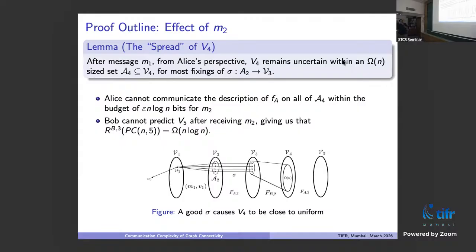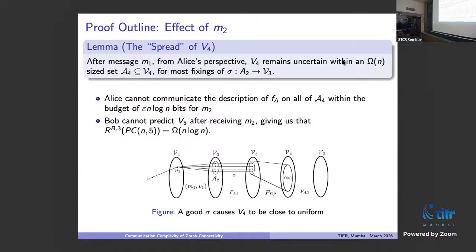Now, what is the difficulty in showing this? There are some subtleties when showing this. The main subtlety that one needs to figure out is that when you give M1, the functions FB1 and FB2, the function FB that is there between V1 and V2 and V3 and V4, become correlated. Okay.